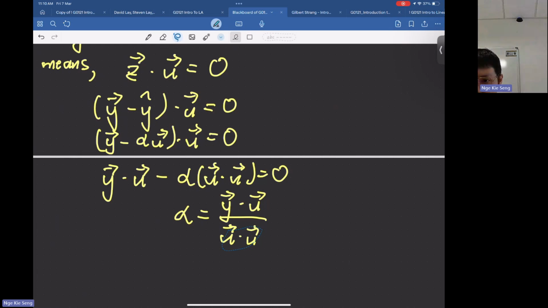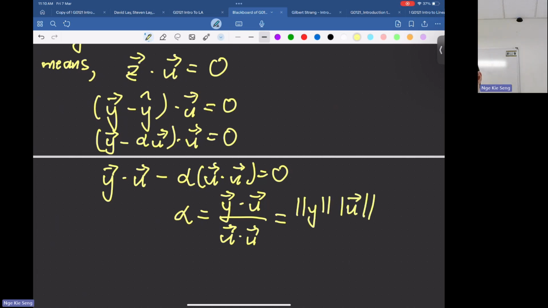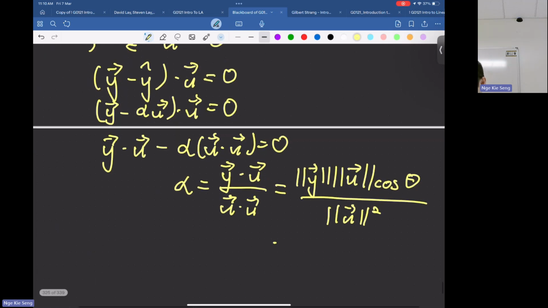But if we try to expand this, it is even more interesting. Because we have u on both sides, we apply the dot product formula that relates their length and their angle, divided by the length squared. So how do you get this scaling?